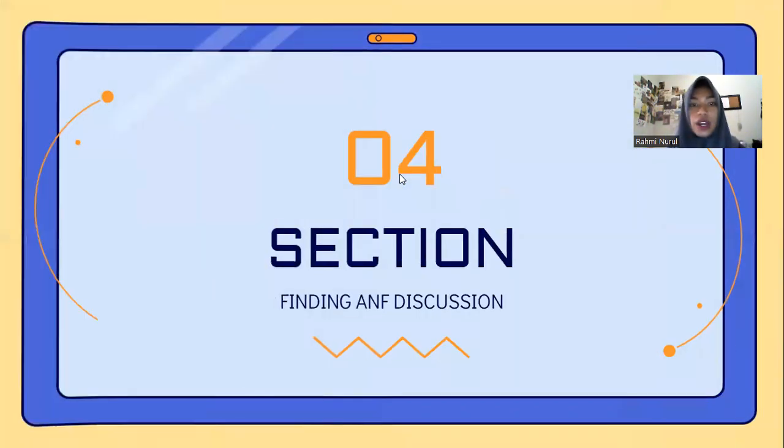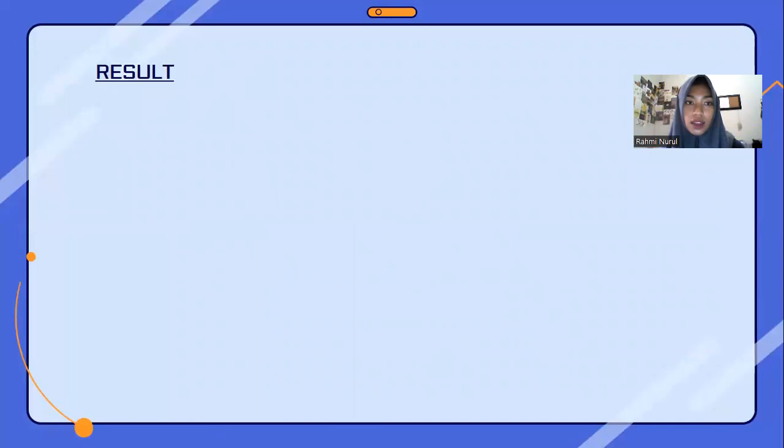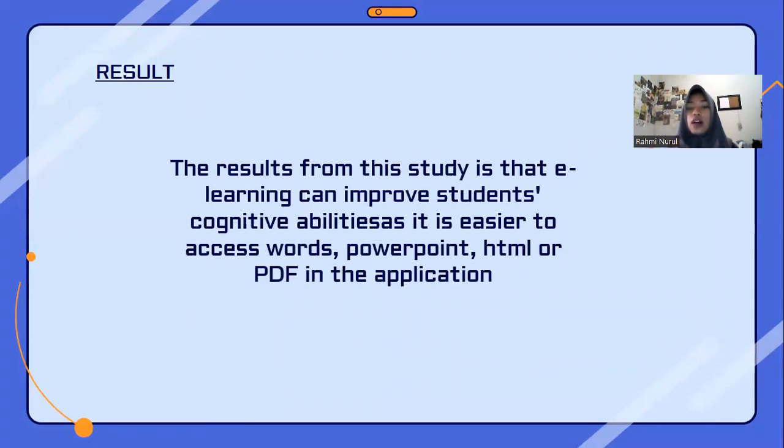Okay, next we're going to section 4, that is finding and discussion. After they did the research and found out by using the literature study method, the result of this research is that e-learning can improve students' cognitive abilities.